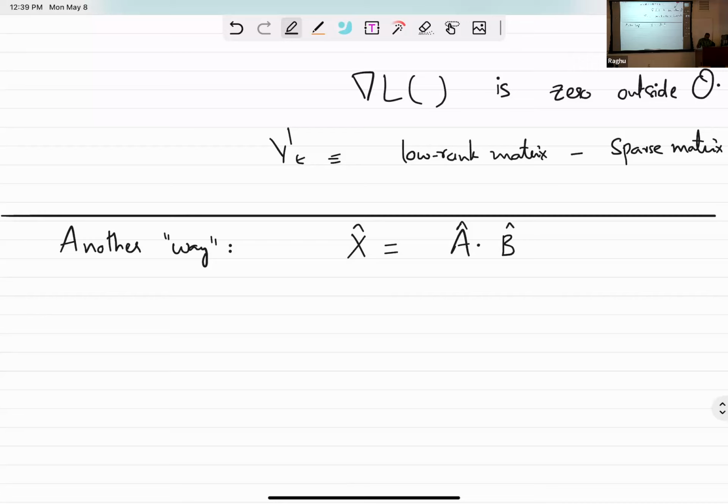Okay, I'm explicitly going to enforce that this is an N by K times K by D matrix. And then I define a loss function.